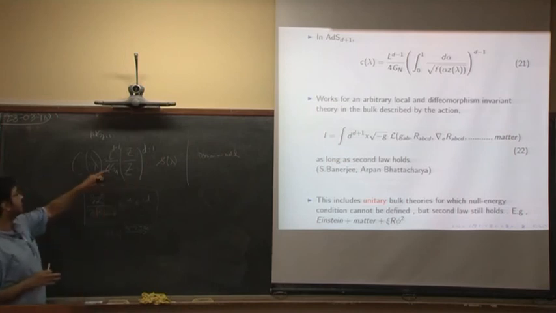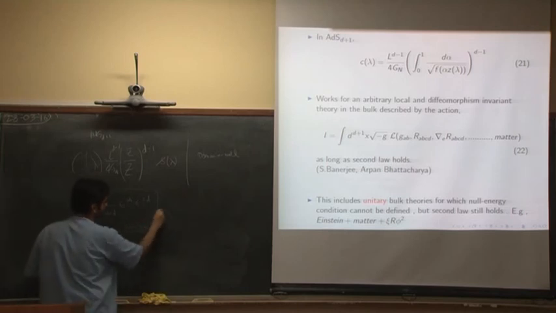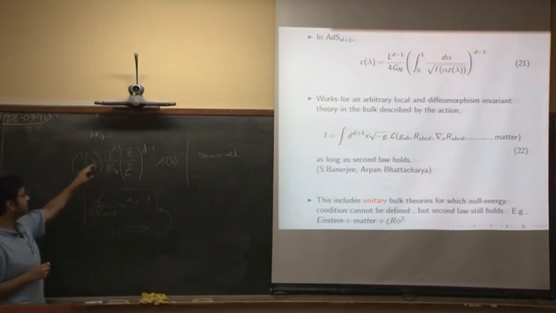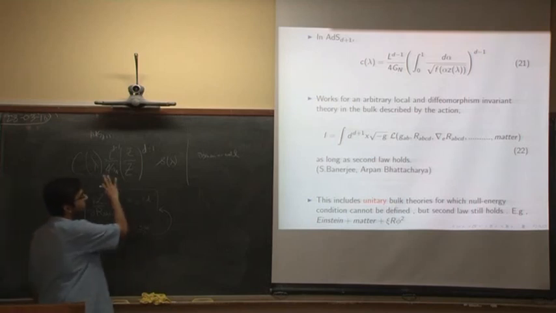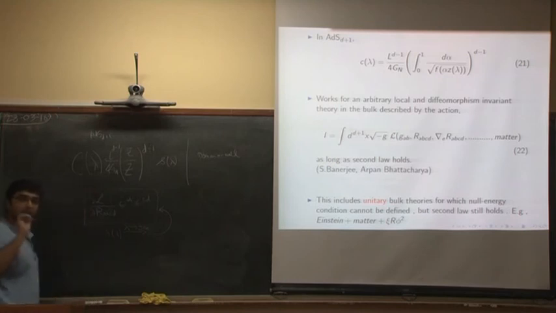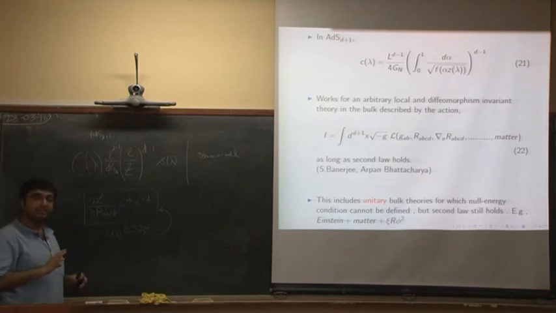And one can show that if you evaluate this quantity in the ultraviolet AdS and the infrared AdS, then it follows from the work of Rob Myers and Sinha that it actually gives you the A central charge of the conformal field theory.